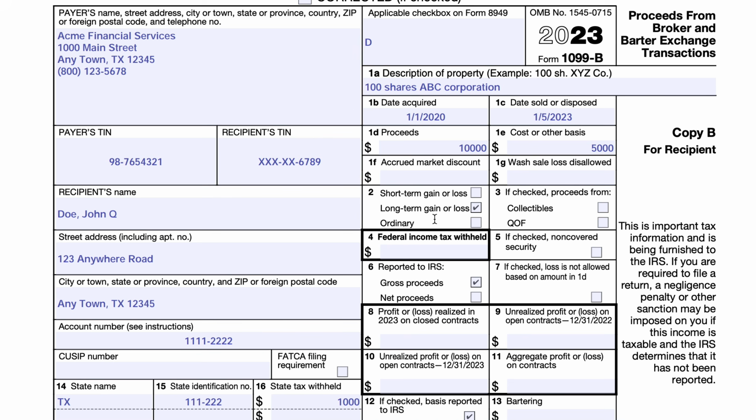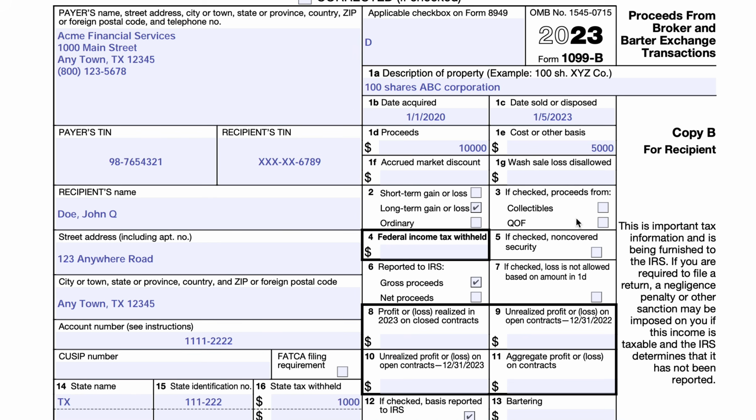The example in the form instructions has to do with a contingent payment debt instrument subject to a special bond method that's treated as ordinary interest income instead of capital gains treatment. So if your financial institution reports ordinary instead of one of these two other items, then you may need to take a further look into how you would report that on your tax return.